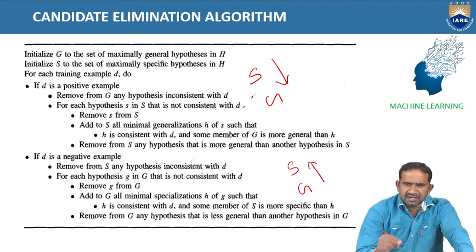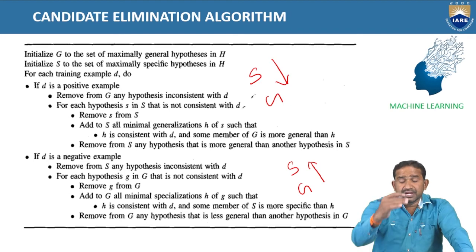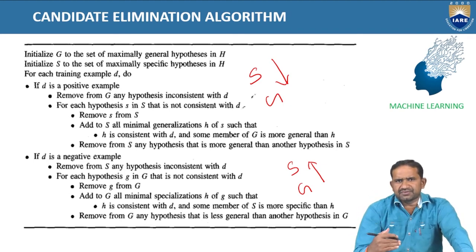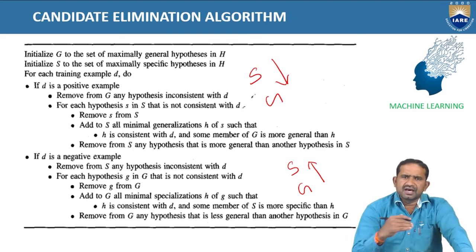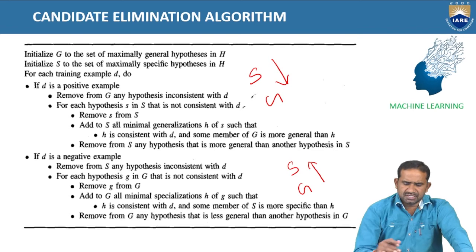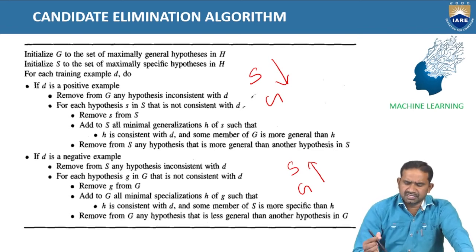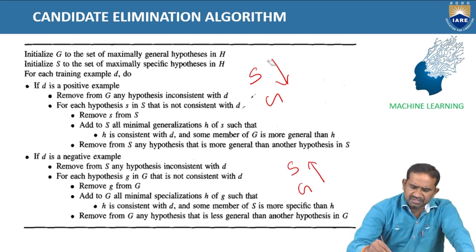For the positive example, it is a top to bottom process, whereas for the negative example, it is a bottom to top process. That is the description of everything in the candidate elimination algorithm.